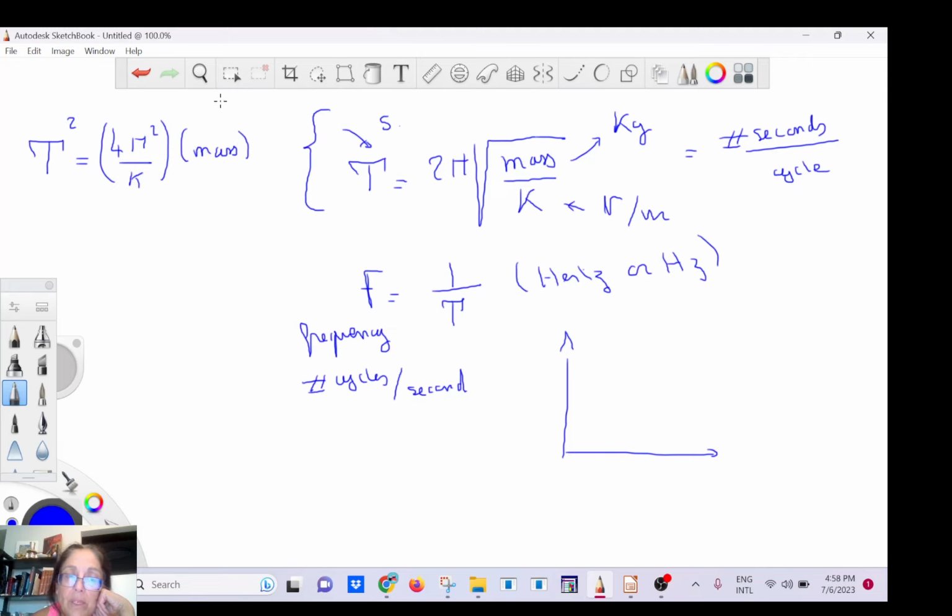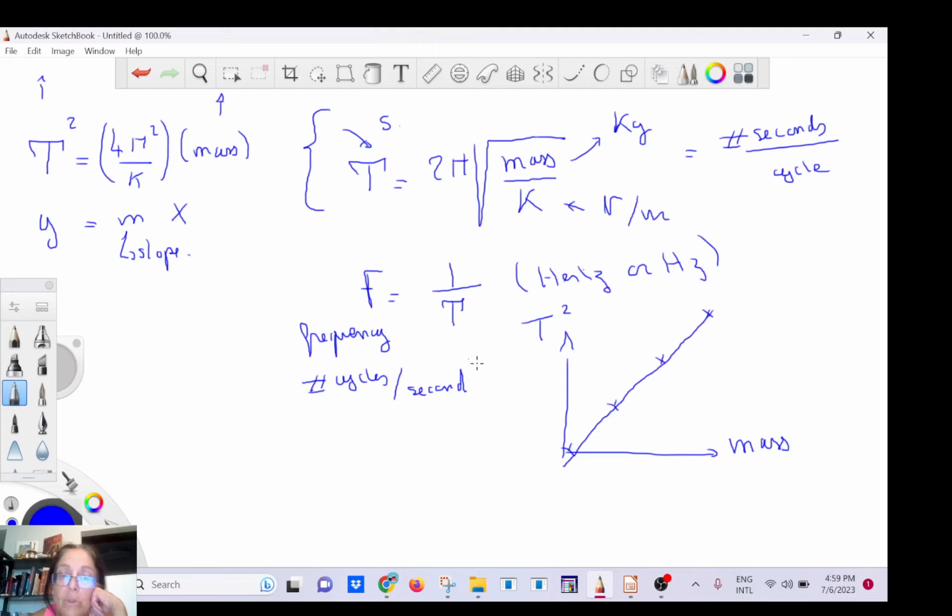So if you increase the mass, the period increases. So this is a nicer relationship because now it's like y equals mx, and that's going to be the slope. So if you do an experiment, here you have your T squared, here you have your mass, and you should have a line.